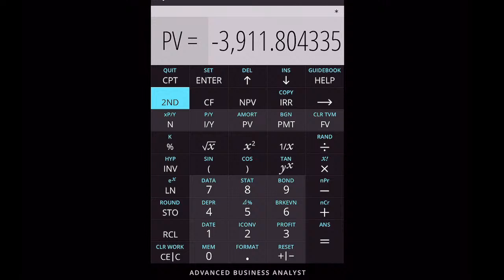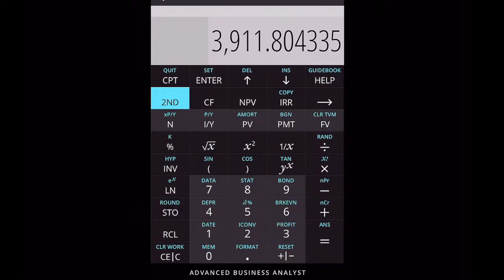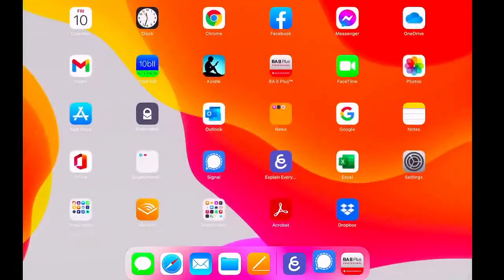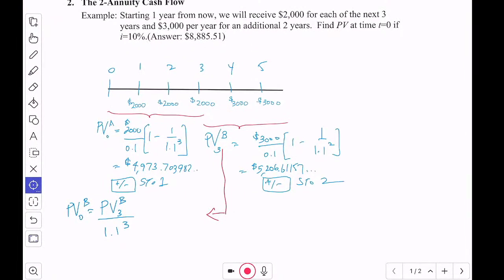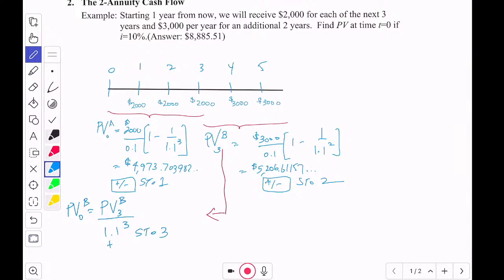So this is really what I want, but I'll call it store 3 in case I make a mistake somewhere else. So I'm going to store this amount in 3. I always get the positive versions because it can really complicate things if you forget that you have the negative version stored.